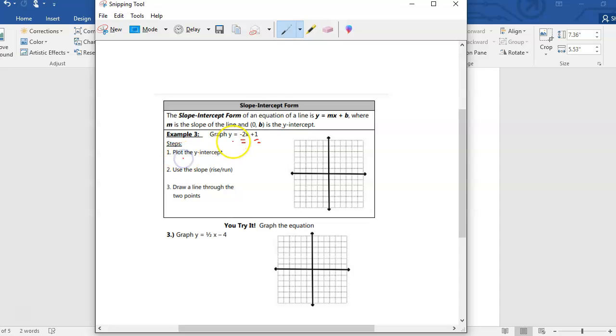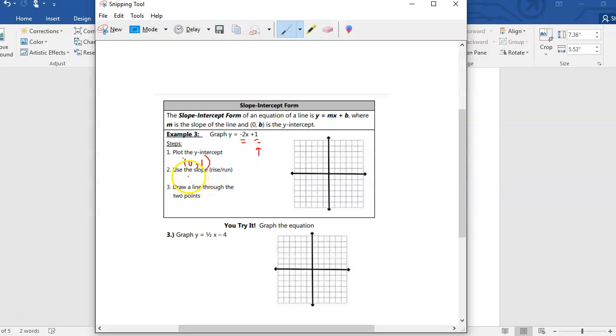So step 1 is to look at our equation. Let's plot the y-intercept. Now, looking at this, my b value is going to be 1. So if I'm going to plot that y-intercept, I know that this line intercepts the y-axis at (0, 1). All right. And then I'm going to use the slope as rise over run from the y-intercept, and I'm going to be able to find another point on the line.